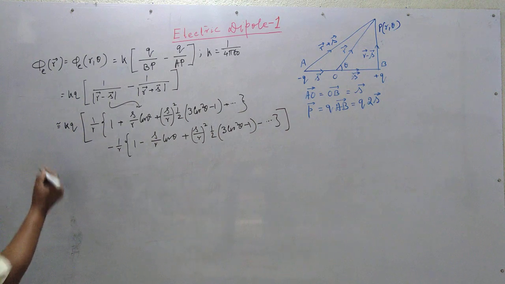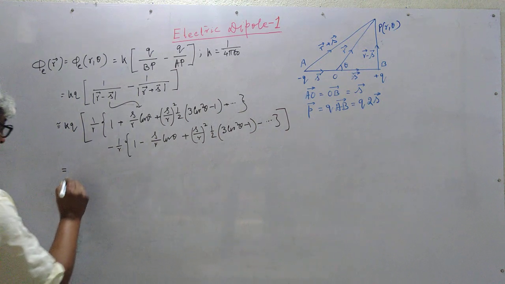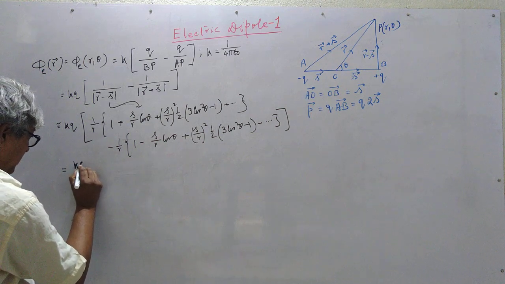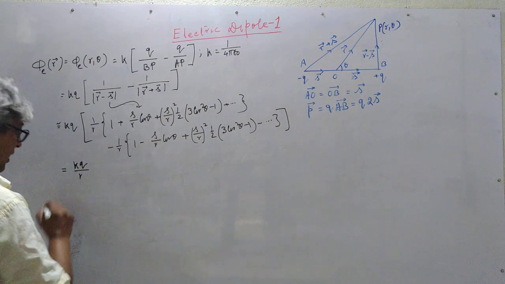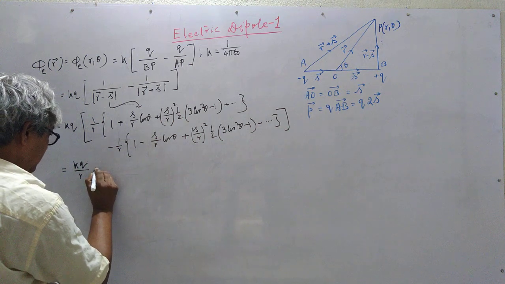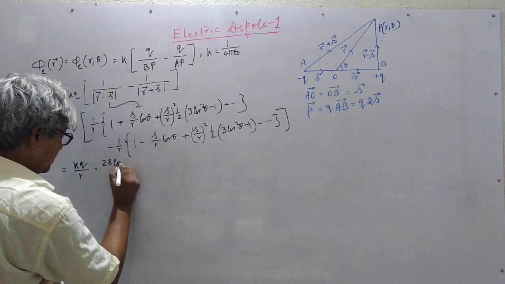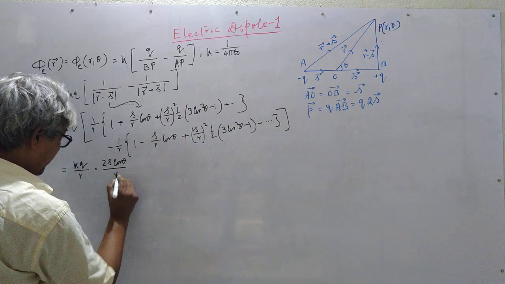Now the next step is kq upon r, and this is twice s cos theta by r.